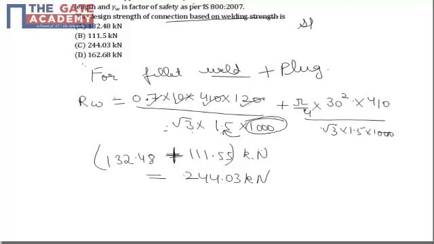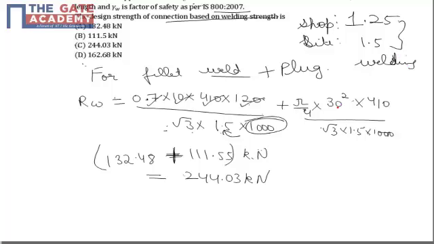For shop welding, as per recommendation of IS 800-2007, the factor is taken as 1.25. For site welding, the factor of safety is taken as 1.5. This is for welding.